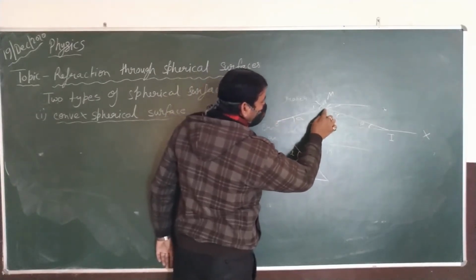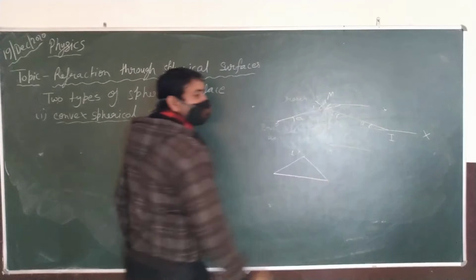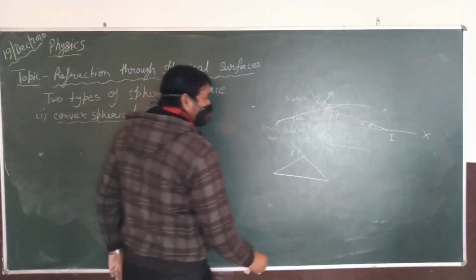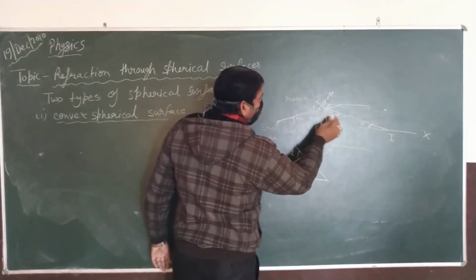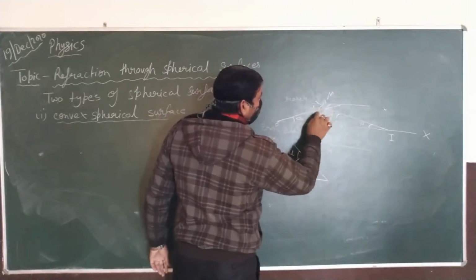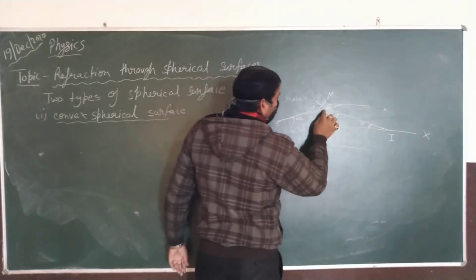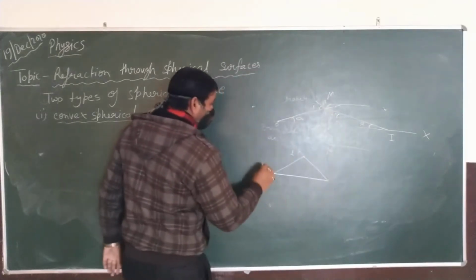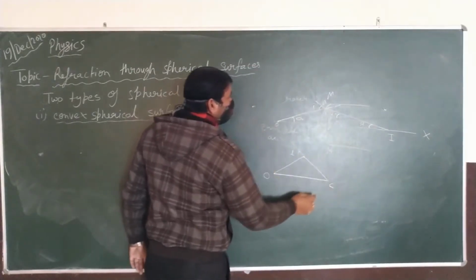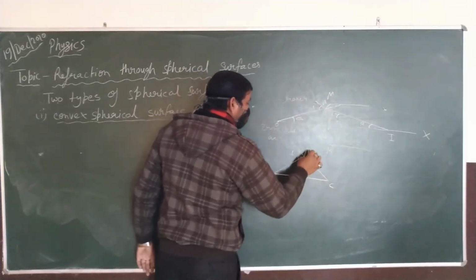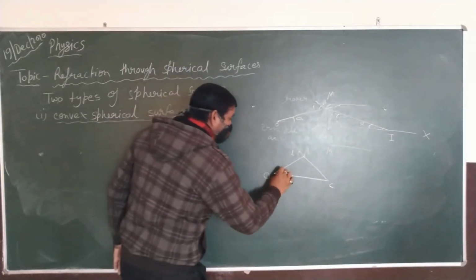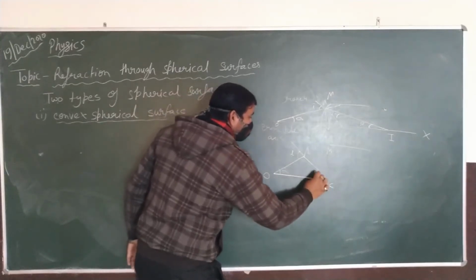Light is traveling towards I. See, in triangle OCA, this angle is alpha and this angle is gamma.